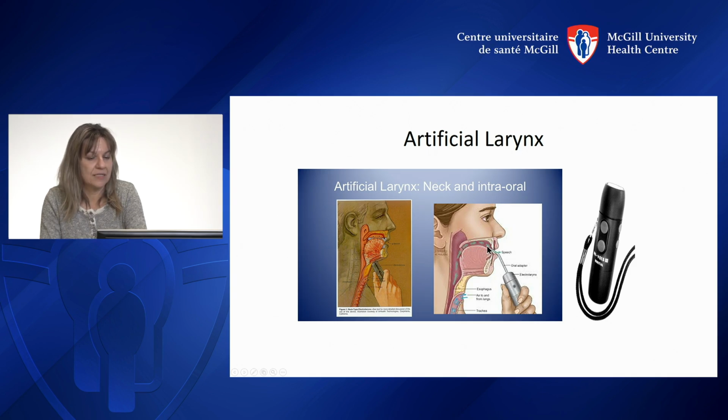The one on the right is the intraoral model. And we have been successful using it with some of our long-term tracheostomized patients who had preserved articulatory ability and learned to use it to generate noise and attention and learned to use it quite well and liked it. So that is an option for some of our long-term tracheostomized patients.